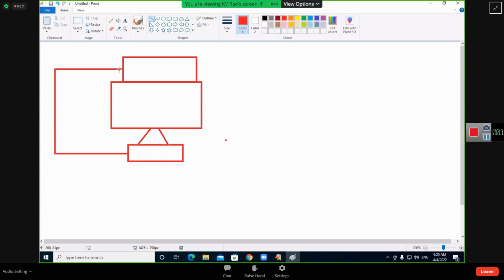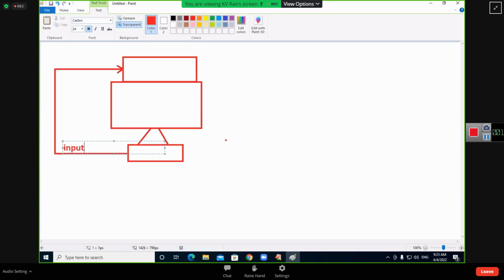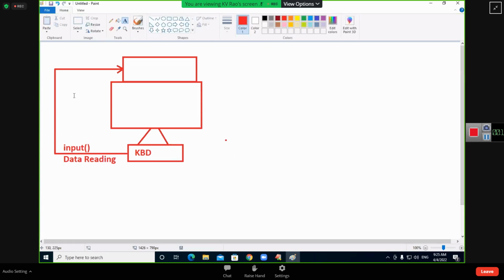Now let me write a small diagrammatic representation here. Data is being read using the input function, coming from the keyboard. I am just writing from the basic level onwards.